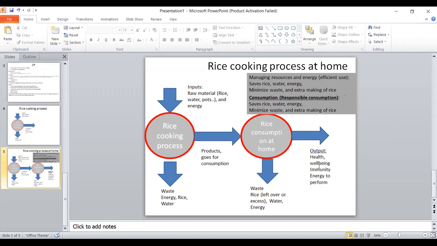So responsible consumption again saves rice, water and energy, because we take extra.